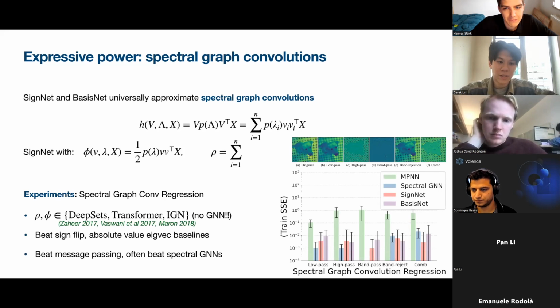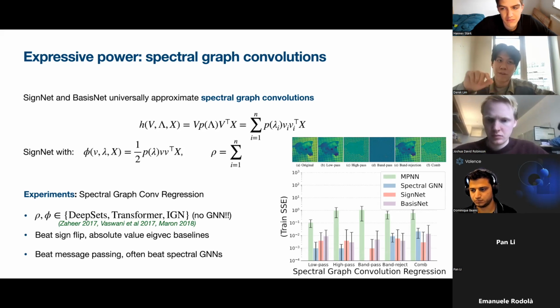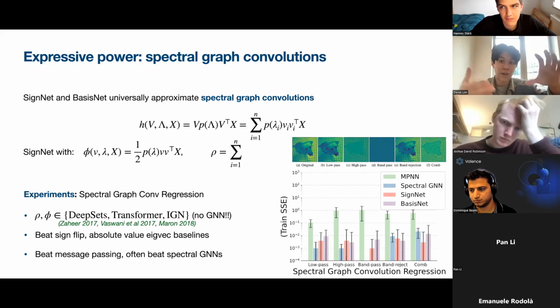Then in synthetic experiments, where we do regression and the regression target is a spectral graph convolution, we do pretty well. We make rho and phi be DeepSets, Transformer, or IGN, so you don't have any message passing in there.